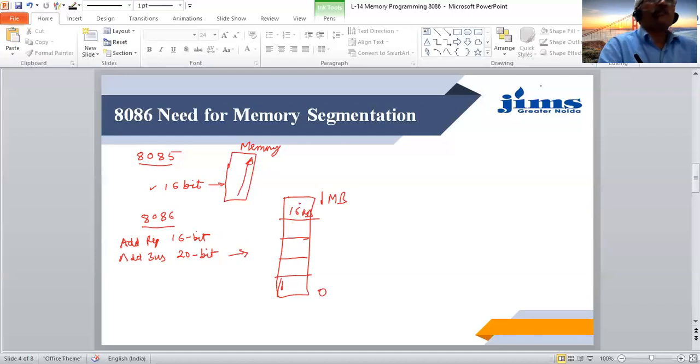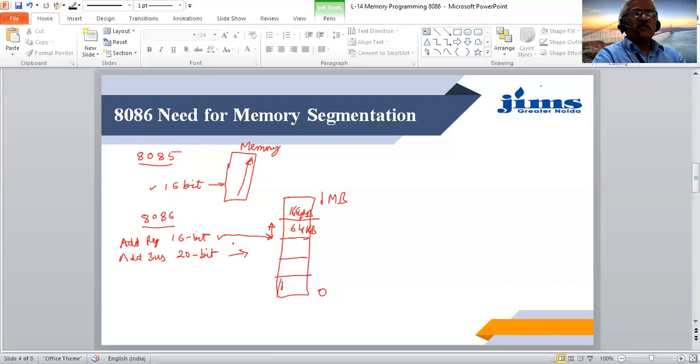So what we then need is to have memory spaces or segments of up to 64 kilobytes. For this 64 kilobytes, a 16-bit memory address in the register is enough to address this particular space. If the memory is segmented, then obviously we will have no problem addressing this 64 kilobyte address space using the address registers which are 16 bits wide.